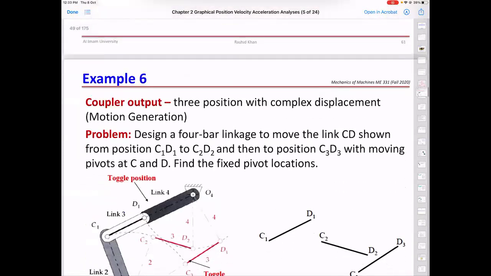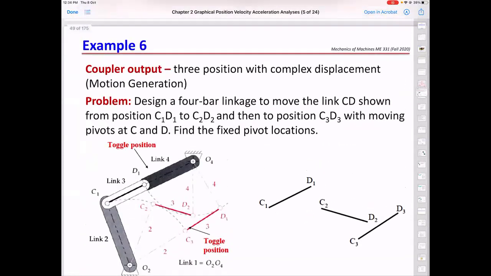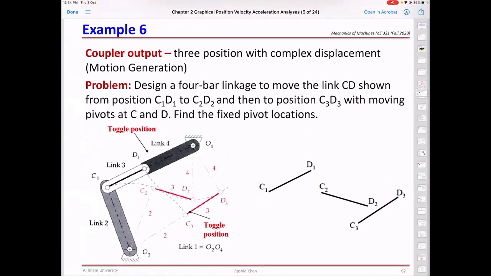In this example, we have coupler output, three position with complex displacement. Definitely the coupler has complex motion, so it's a complex displacement here. The problem says: design a 4-bar linkage CD shown from position C1 D1 to C2 D2 and then to position C3 D3. It's more or less the same problem.